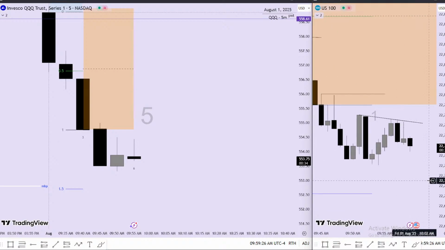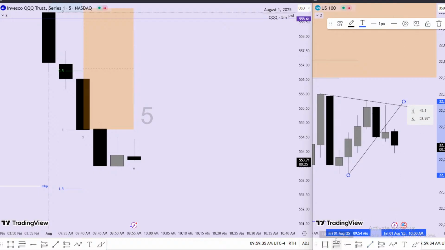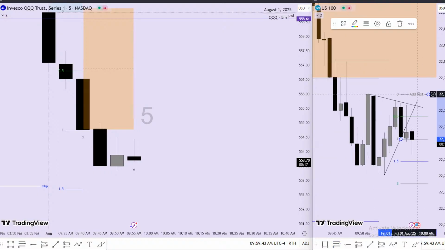That's what this was, the high two. It's a bear flag. Someone sold this low. Stop above.